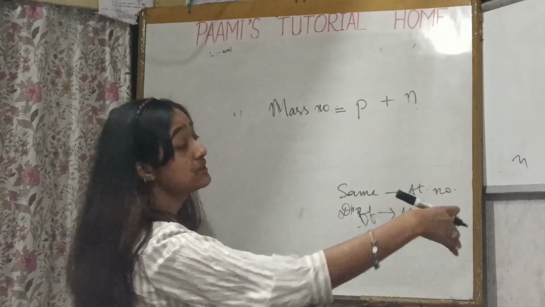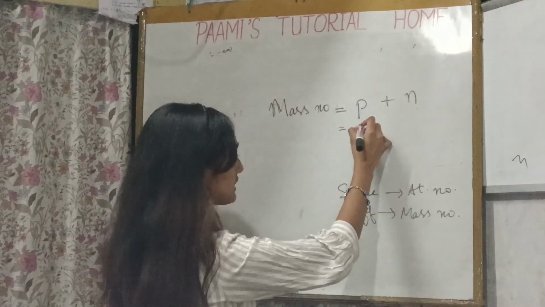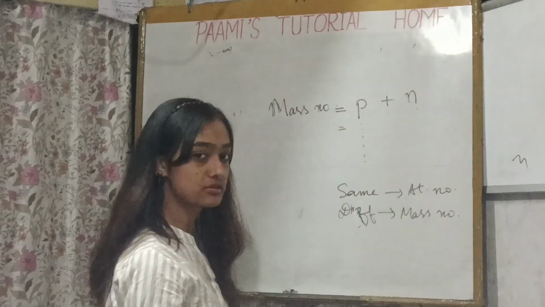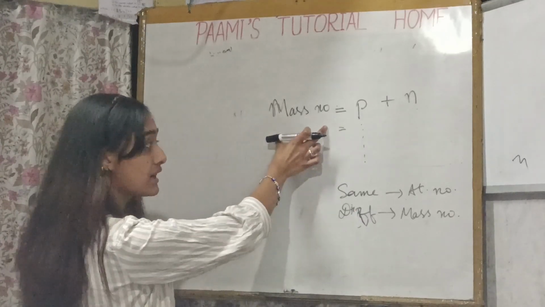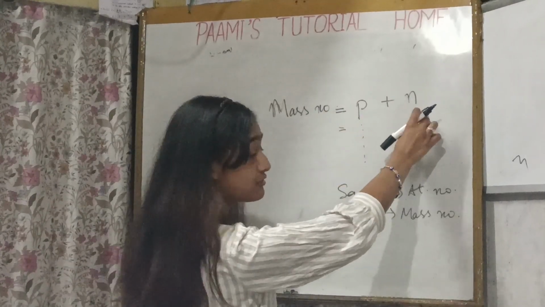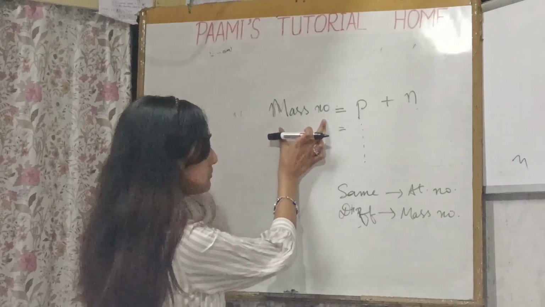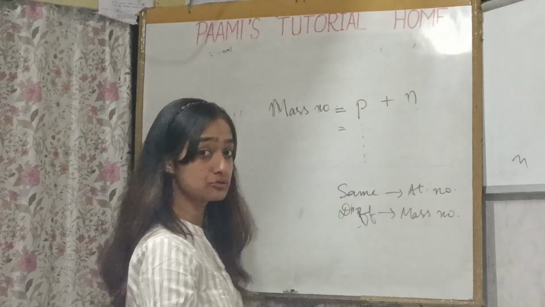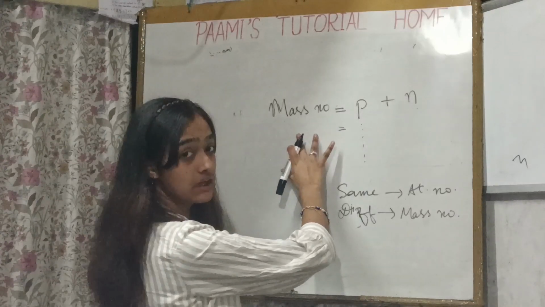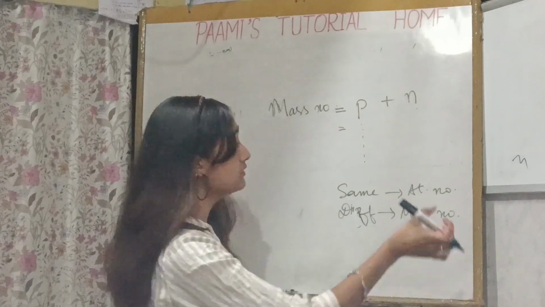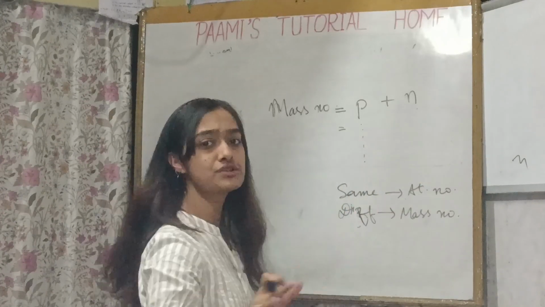Atomic number is equal to proton number. So this will be the same in every case. If we want a different mass number, what has to change? The neutron number, right? The neutron number has to change, because we're talking about isotopes and their mass number has to be different. We get a different mass number only when our neutron number is different, because proton number won't change.